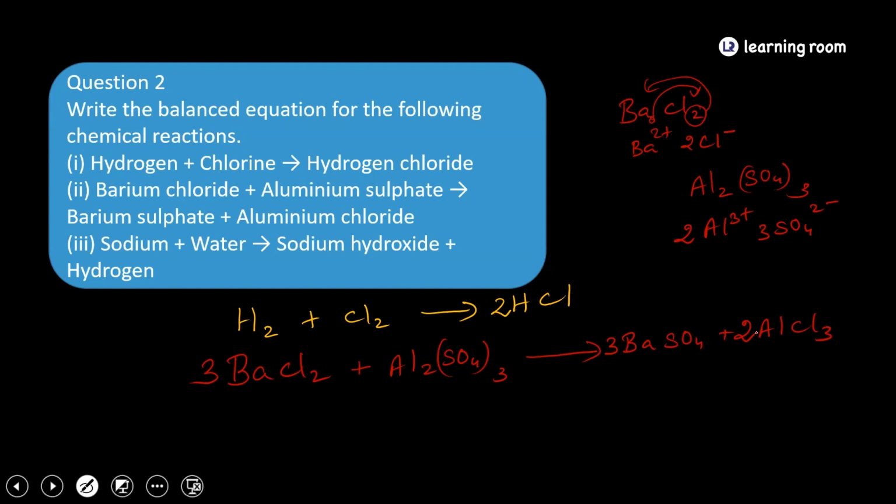Next one, sodium metal treated with water gives sodium hydroxide, NaOH, plus hydrogen gas. So sodium metal, solid, when you treat it with water, gives sodium hydroxide, 1 OH goes.